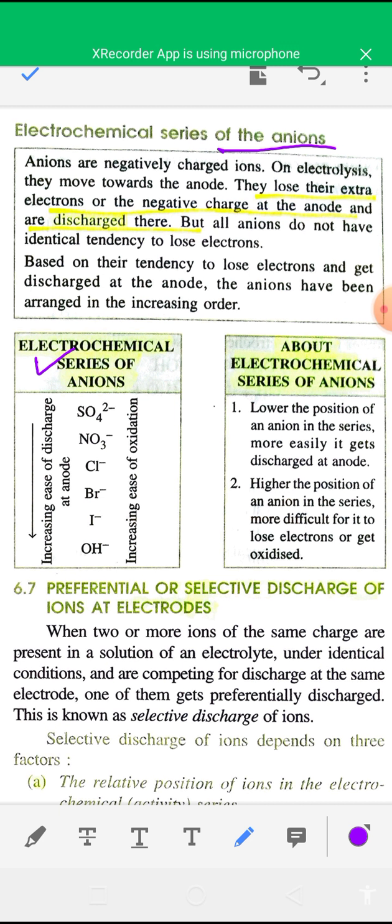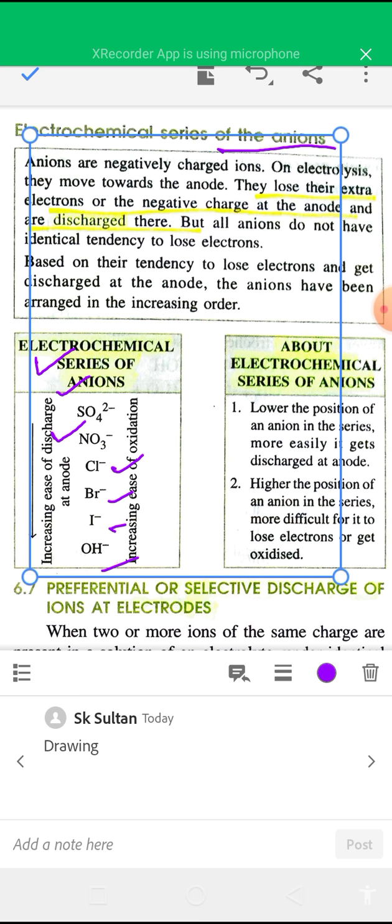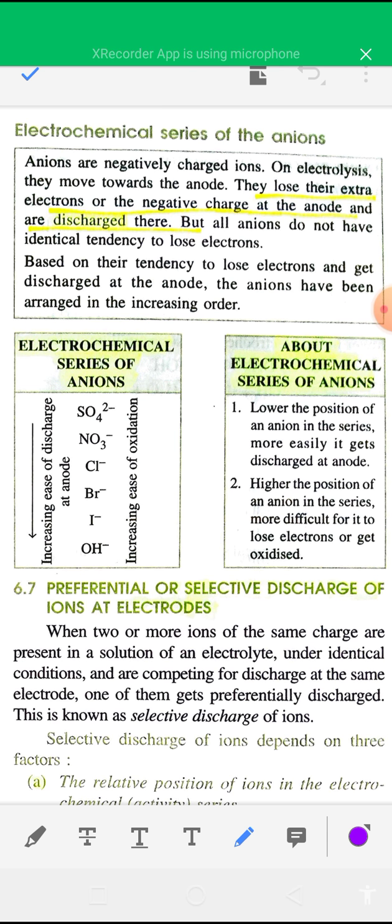Different anions you can see are sulfate, SO4 2 minus, nitrate, NO3 minus, Cl minus chloride, bromide, iodide, and hydroxide. Few anions are given, arranged in this order, and this is known as the electrochemical series of anions.